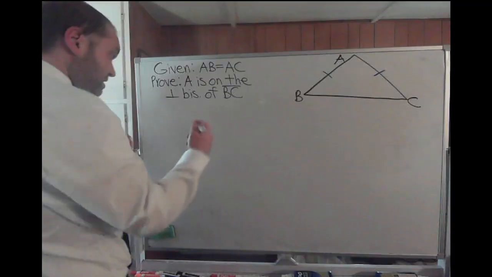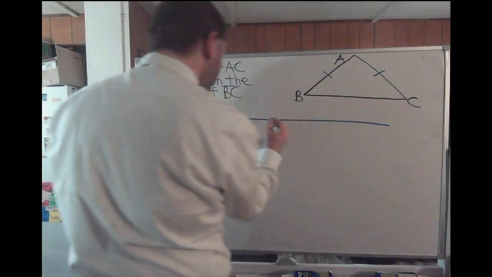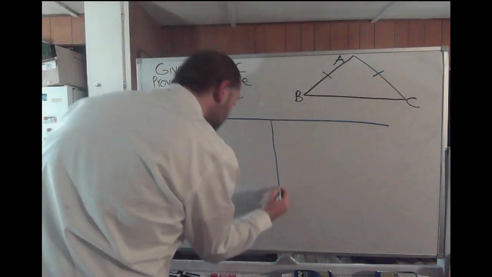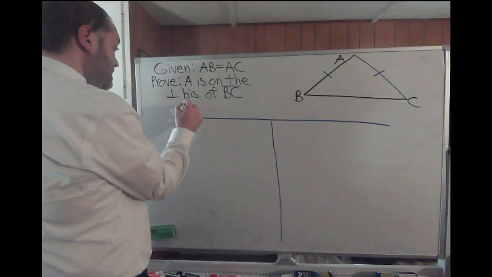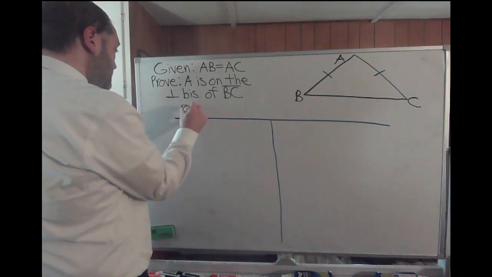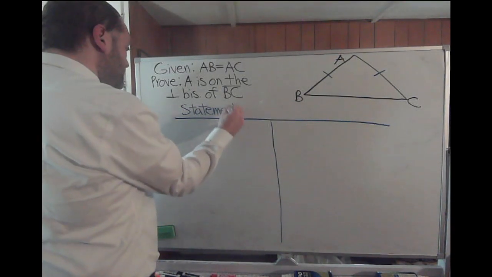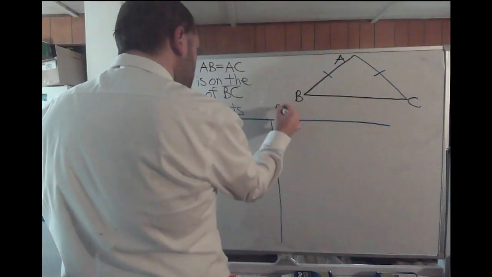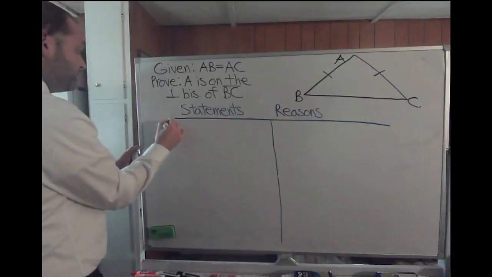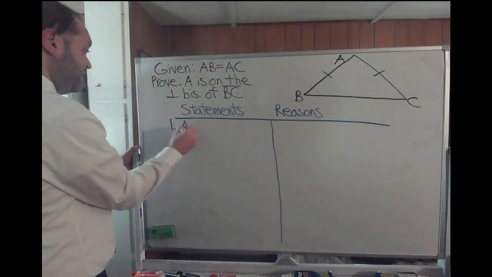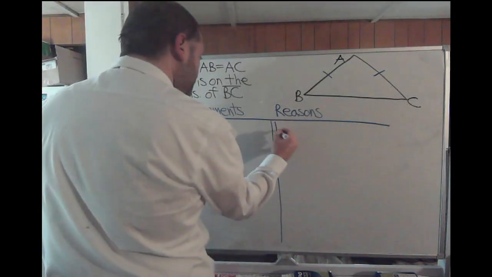Well, let's go ahead, let's set up our columns. Let's start with our first given statement, that AB equals AC. The reason for that is it was given.